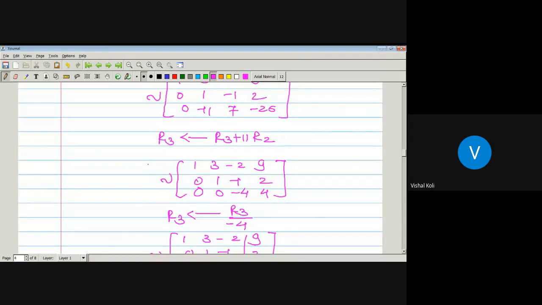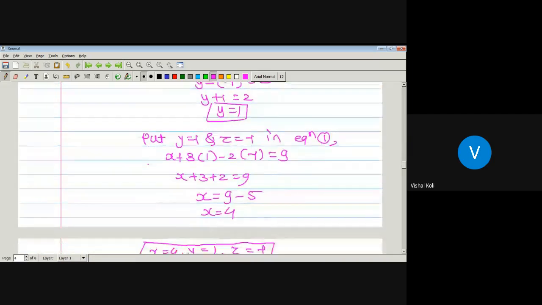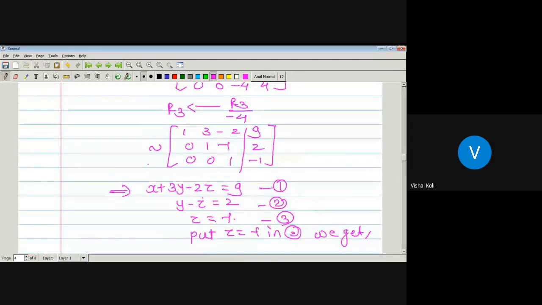Apply the elementary row transformation.